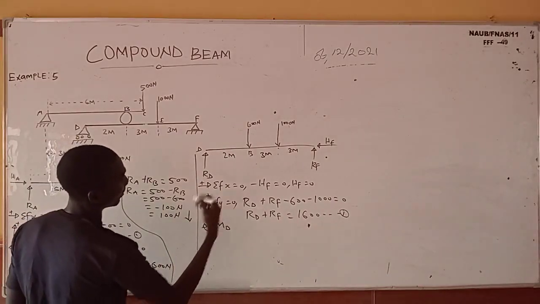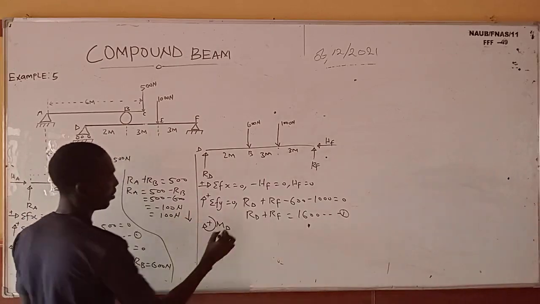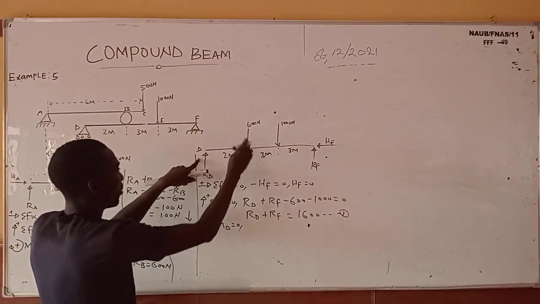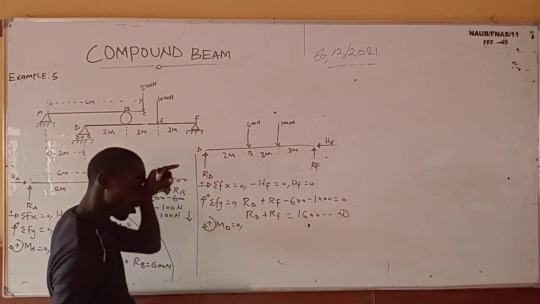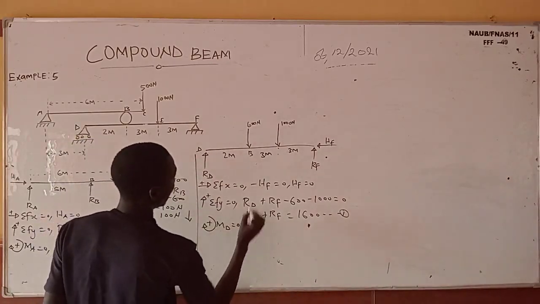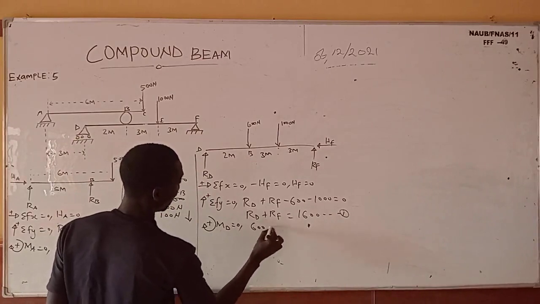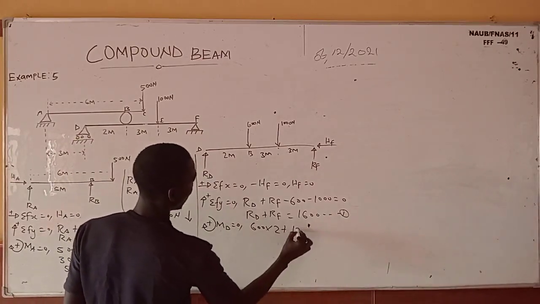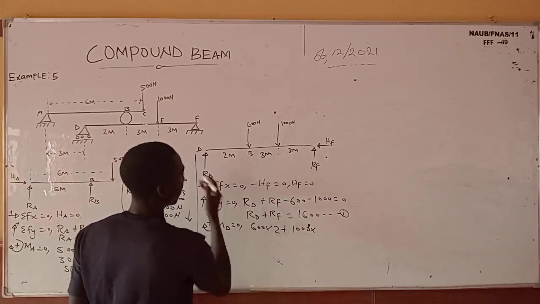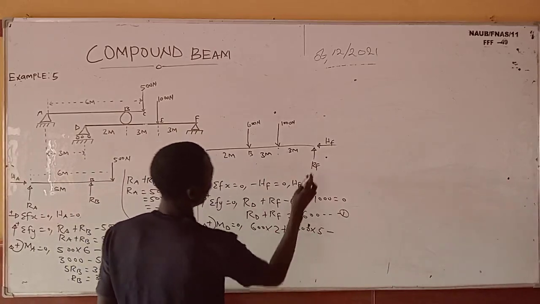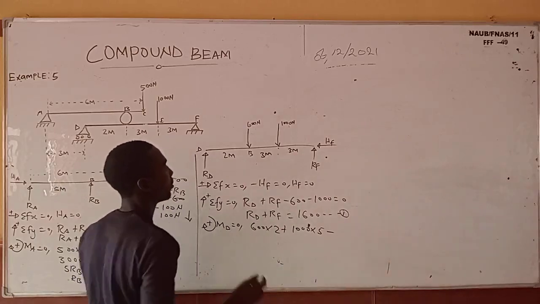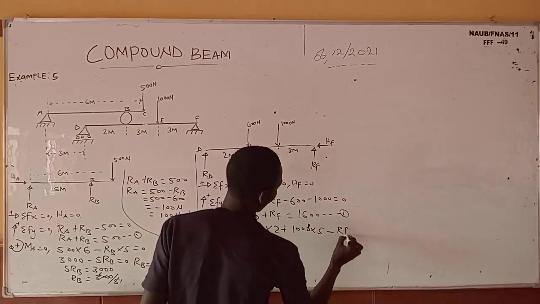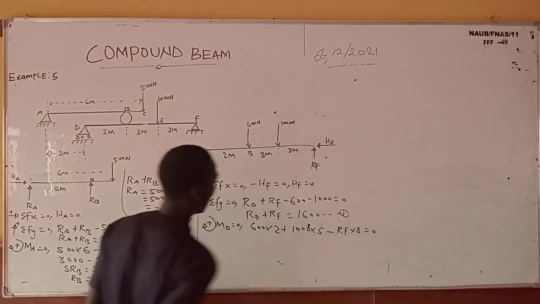So the next thing is to take moments about D. You can decide to take it about F. Anyhow, if I'm taking it about this point, downward force will give me a clockwise moment. So let me start with 600 times the distance it will cover, which is 2, plus 1000 times the distance it will cover, which is 5, minus RF times the total distance, 8, equals 0.